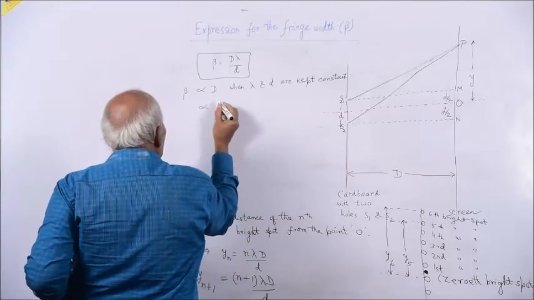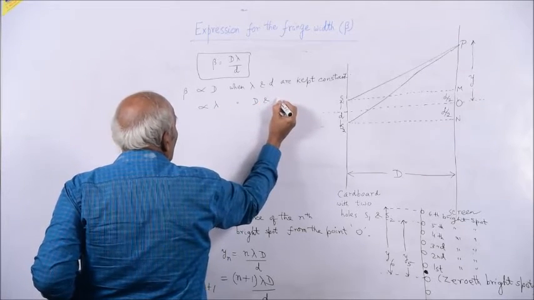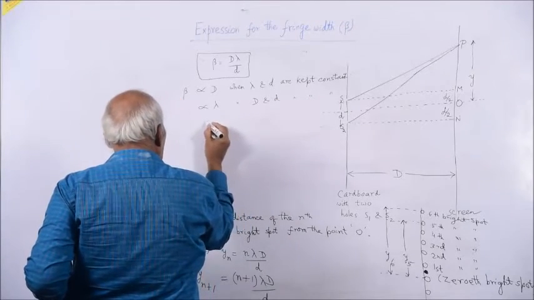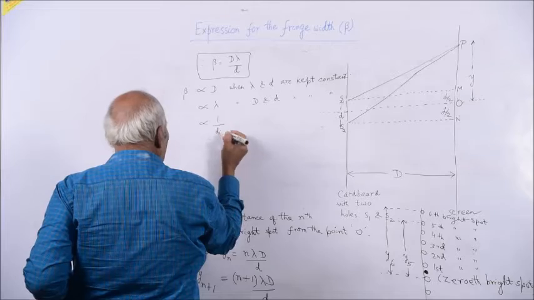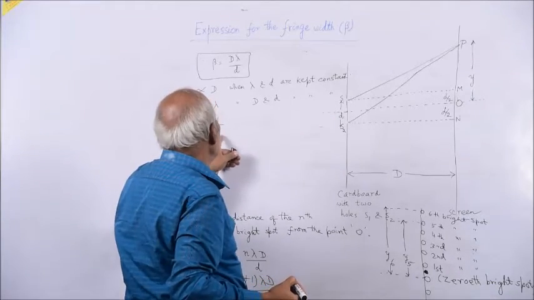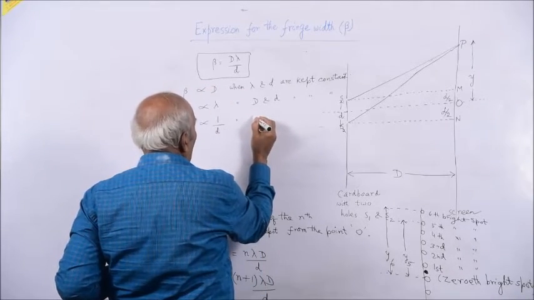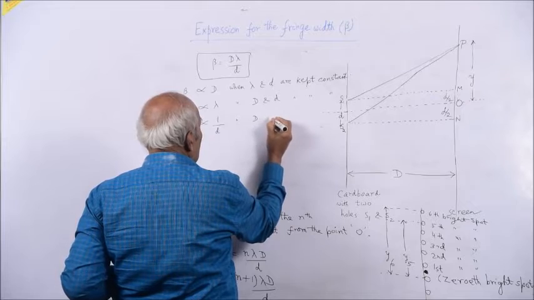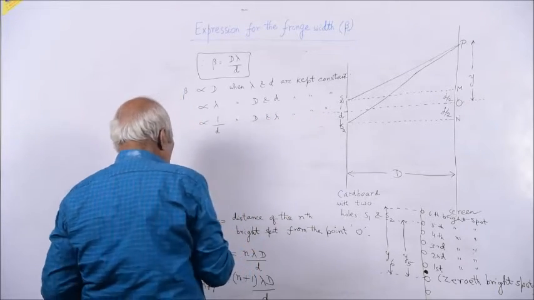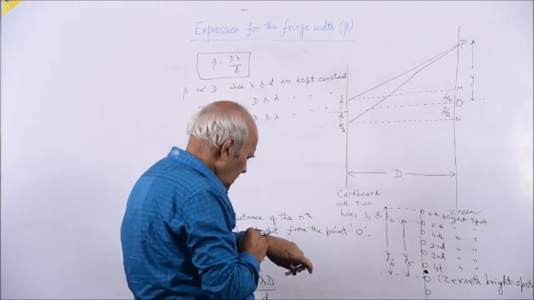Beta is proportional to lambda when D and small d are kept constants. Beta is proportional to 1 by d. That means, when the separation decreases, then beta increases, when D and lambda are kept constants. So, this is about the derivation of the fringe widths.